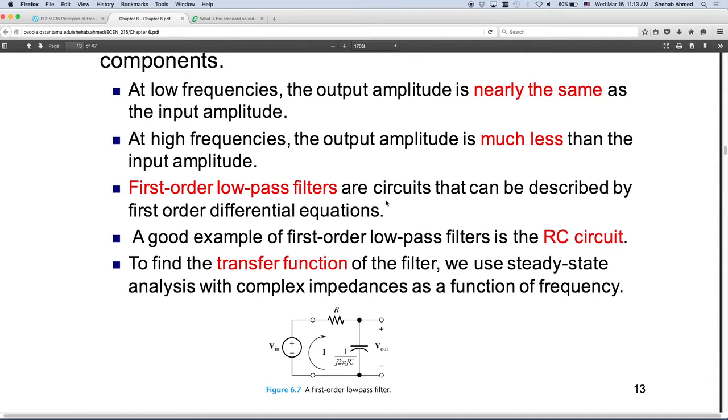First-order means there's only one energy storage element. The order of an electrical circuit is typically tied to how many energy storage elements you have in the system.